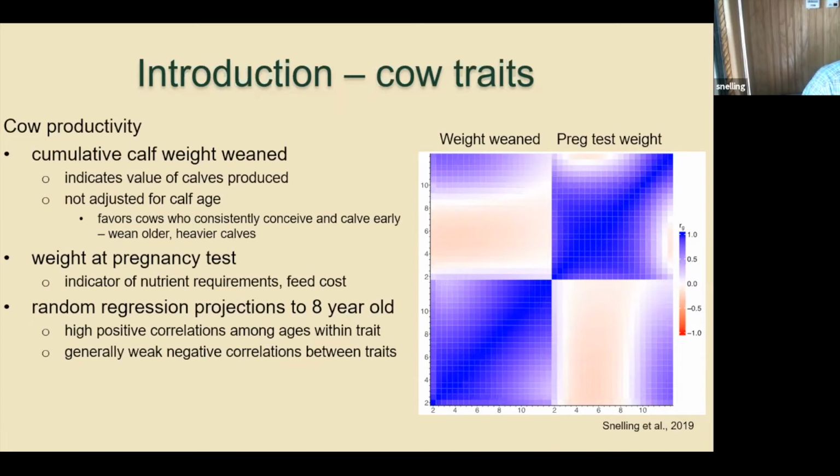For both of these traits, there are strong correlations among ages within traits, and there's a weak negative correlation between weight weaned and cow weight for most ages.